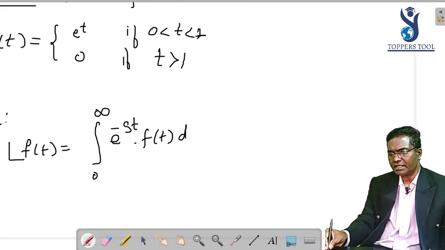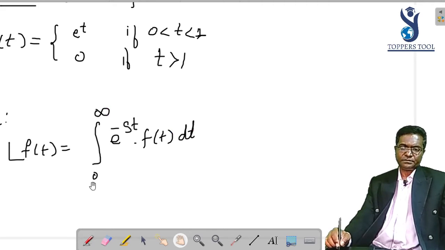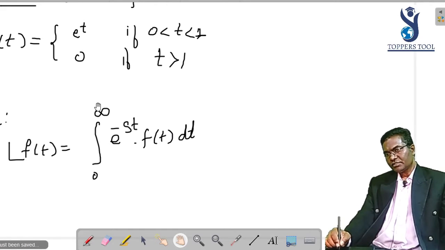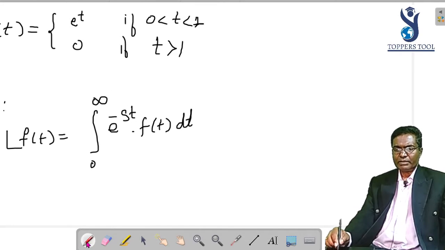This is your basic definition of the Laplace transform. Now you have to use the property of integrals. You can split this definite integral into a sum of integrals. Look here, you are given two subintervals, 0 to 1 and t greater than 1. That means you have to split this.